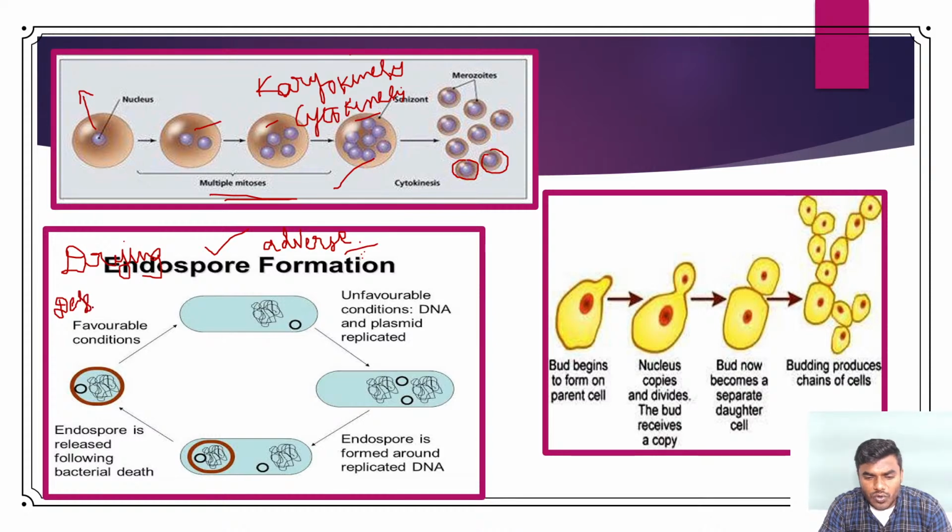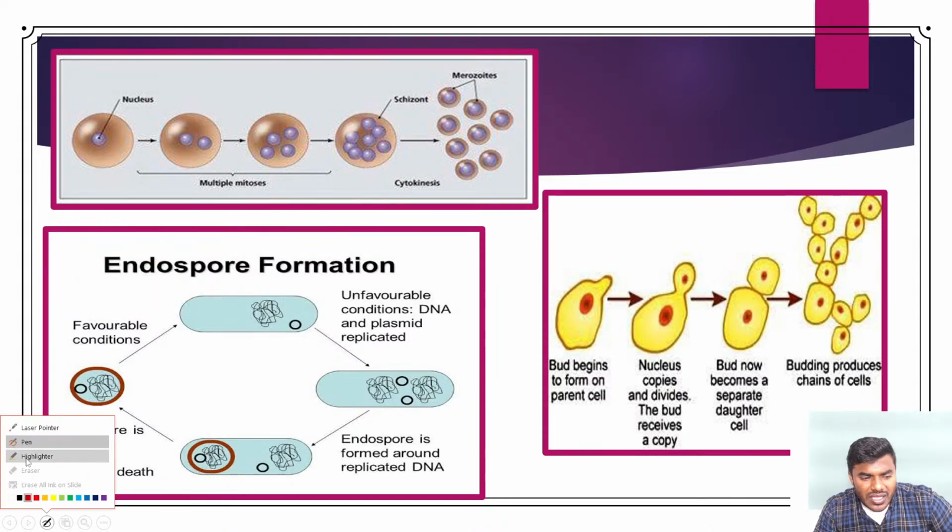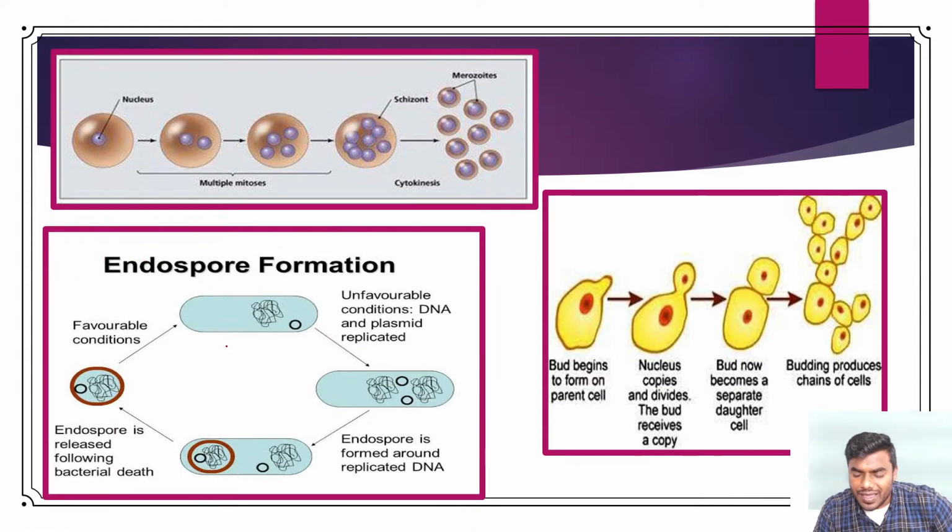What do you mean by desiccation? I told all of you, desiccation is the condition where there is absolutely no water content inside the bacterial body. The water content is literally zero. So there is a chance that the bacteria may die. Only during that unfavorable condition does endospore formation occur. Otherwise, endospore formation never takes place.